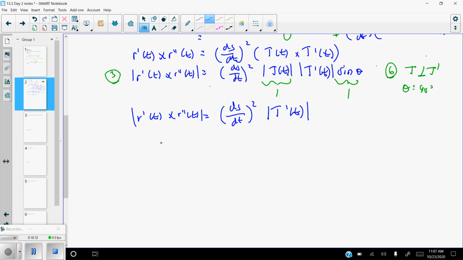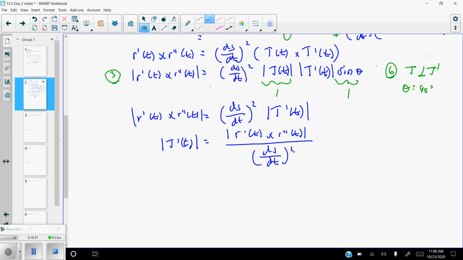So I'm going to switch sides here. Magnitude of T prime of t. The way to solve that is to divide both sides by ds over dt squared. So what I get now is the magnitude of r prime of t cross r double prime of t divided by ds over dt squared.